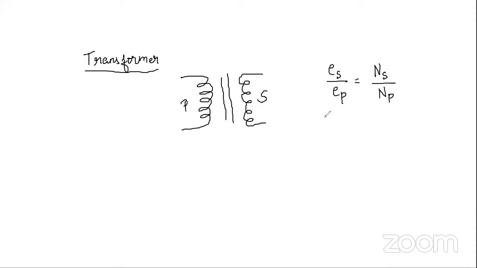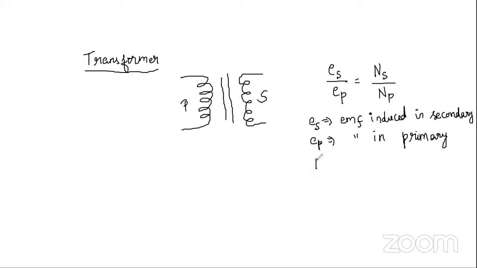Here, what is meant by ES? ES is the EMF induced in the secondary coil, or you can simply say secondary, and EP is the EMF, or the back EMF, in the primary.